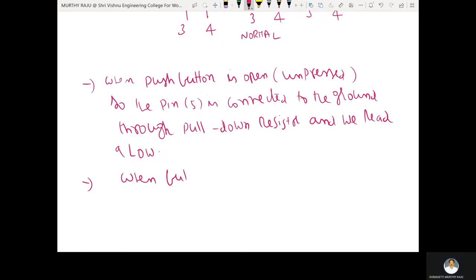Next, the second important point is when the button is closed.